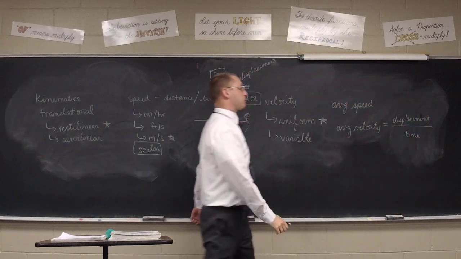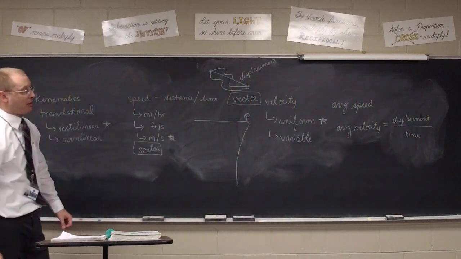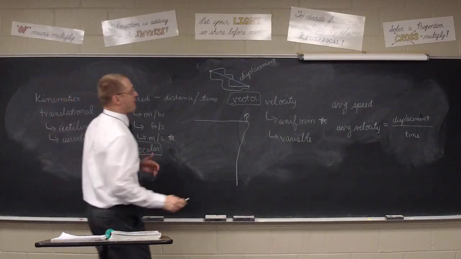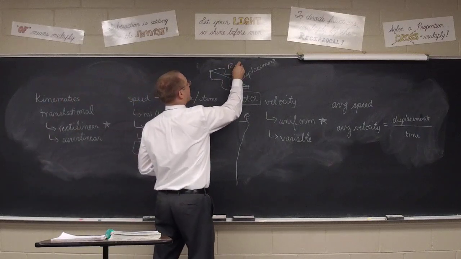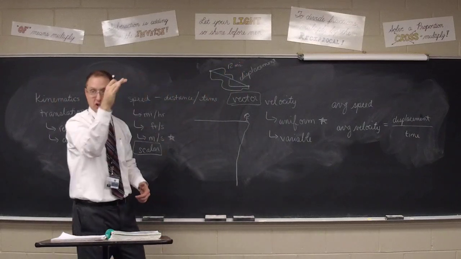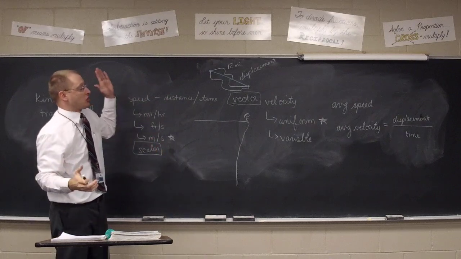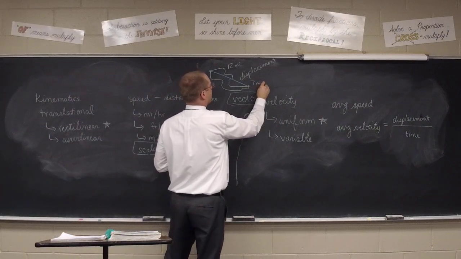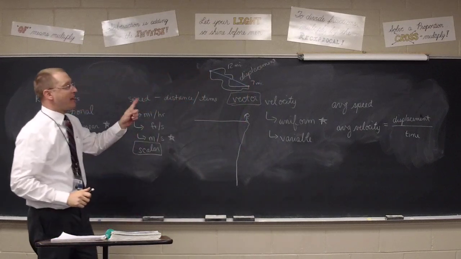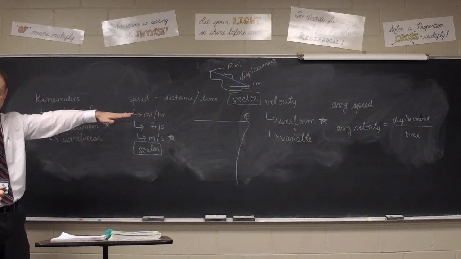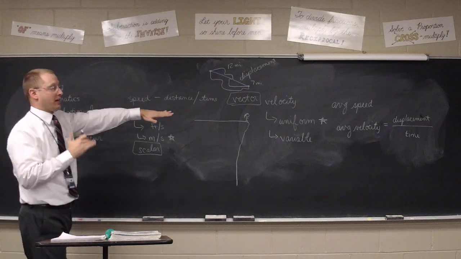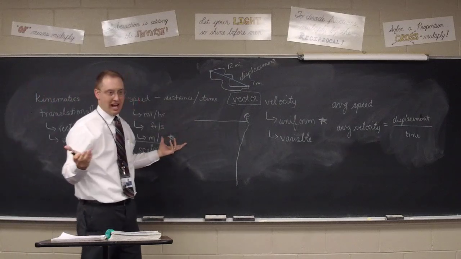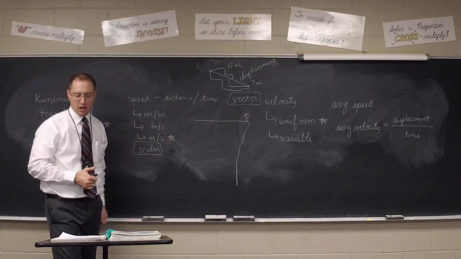So we would take the displacement you traveled from point A to point B per unit time. So you might have actually traveled 12 miles to get to school using the circuitous route of turning. But in a straight line, that same trip may have only been 7 miles. Well, 7 miles is what you get for your displacement. But again, it allows us to define our direction. And then we take however much time it took you and we figure your velocity from there.